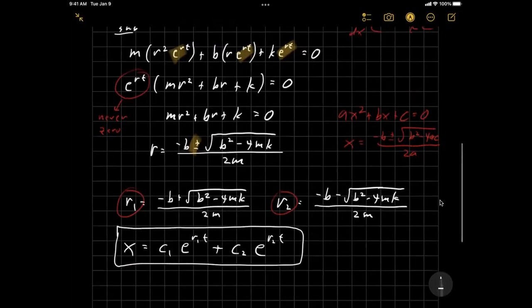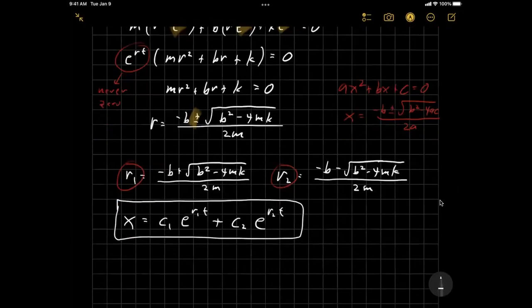Now, how will c1 and c2 be determined? Well, that depends on starting conditions, okay? So c1 and c2 depend on initial conditions. So we've seen that if we start at amplitude with no velocity, one thing might happen. This was when we had no damping.